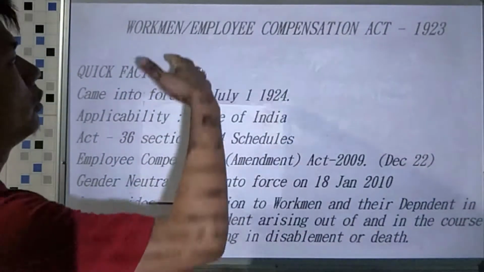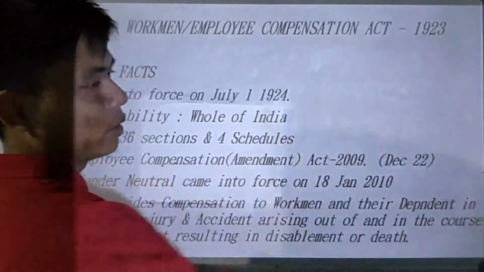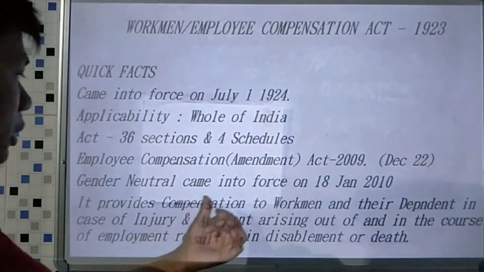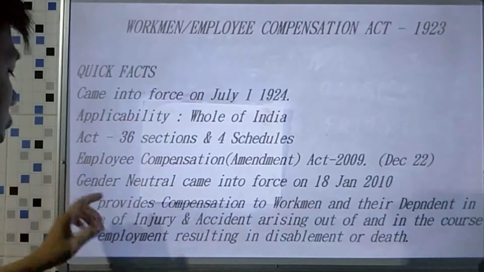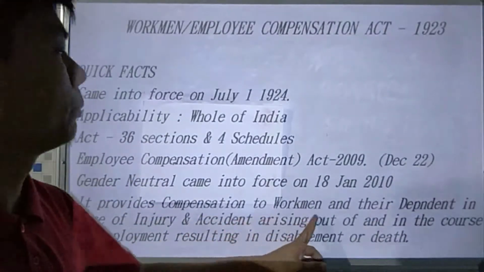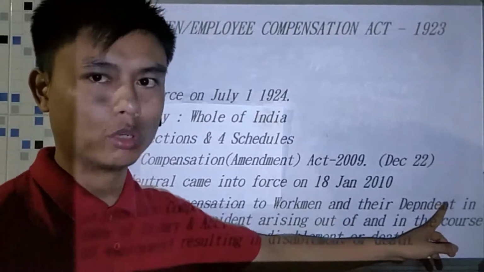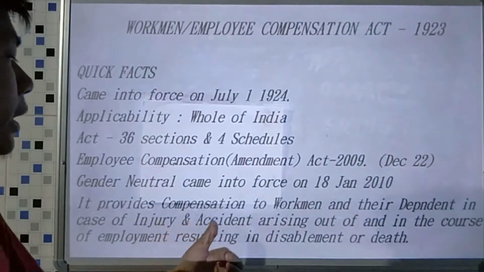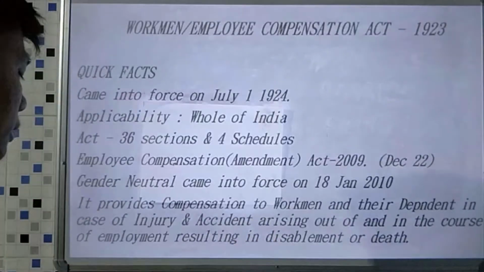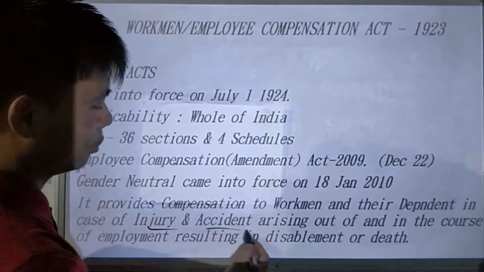Now, see, employee compensation, alright? This line says, it provides compensation to workmen and their dependents in case of injury and accident. Mind it, there should be an injury, there should be an accident.